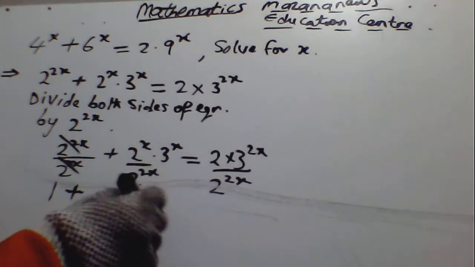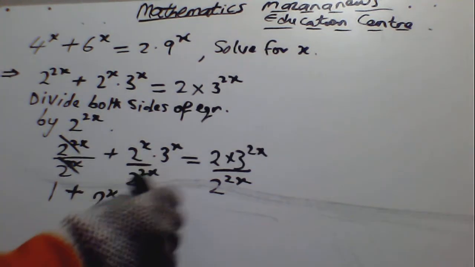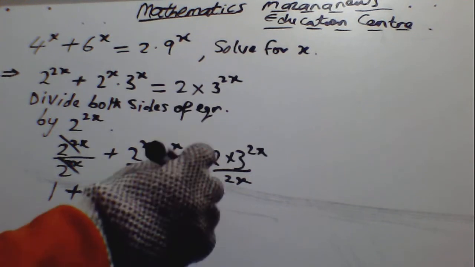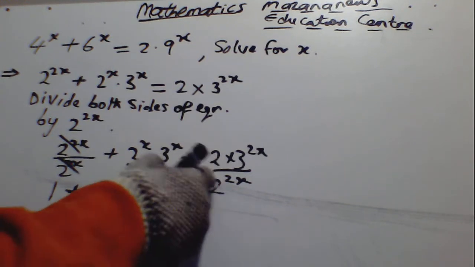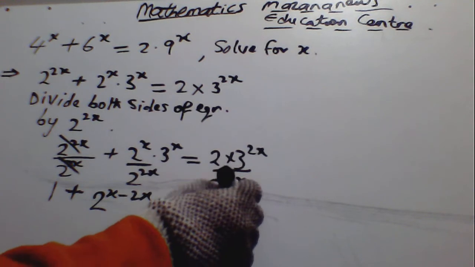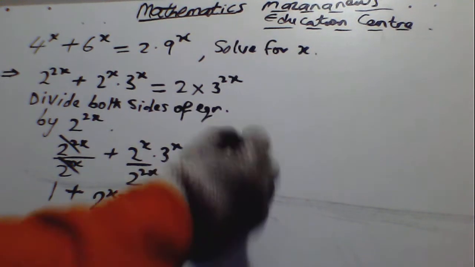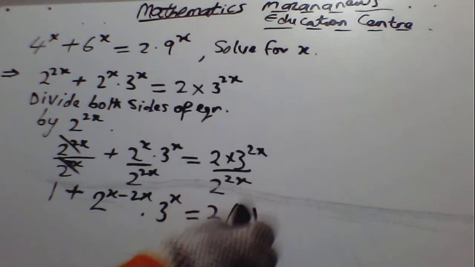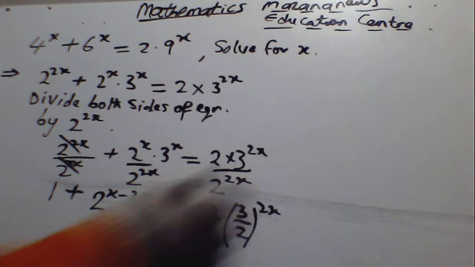If the 2 comes up, multiplied by 3 raised to power x, this going to this side will give us 2 in bracket. You can put bracket immediately because they have the same power, 3 over 2 raised to power 2x.